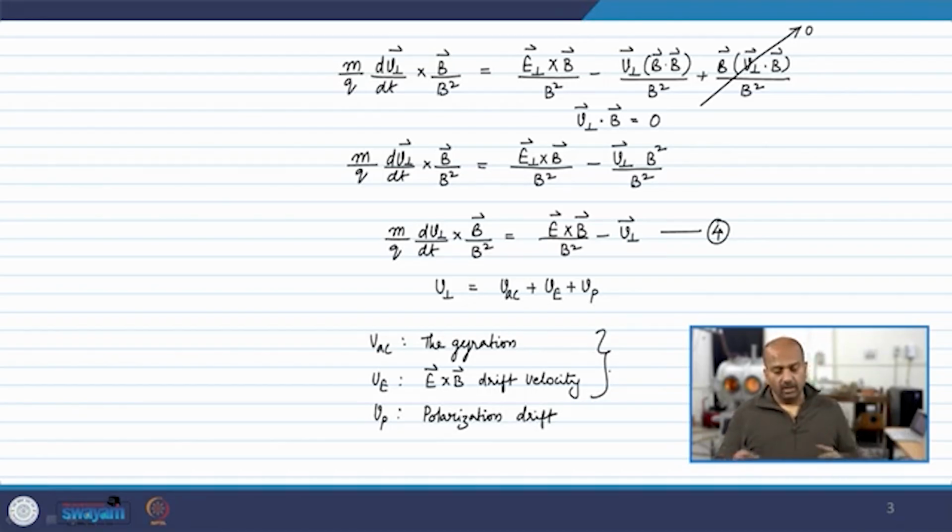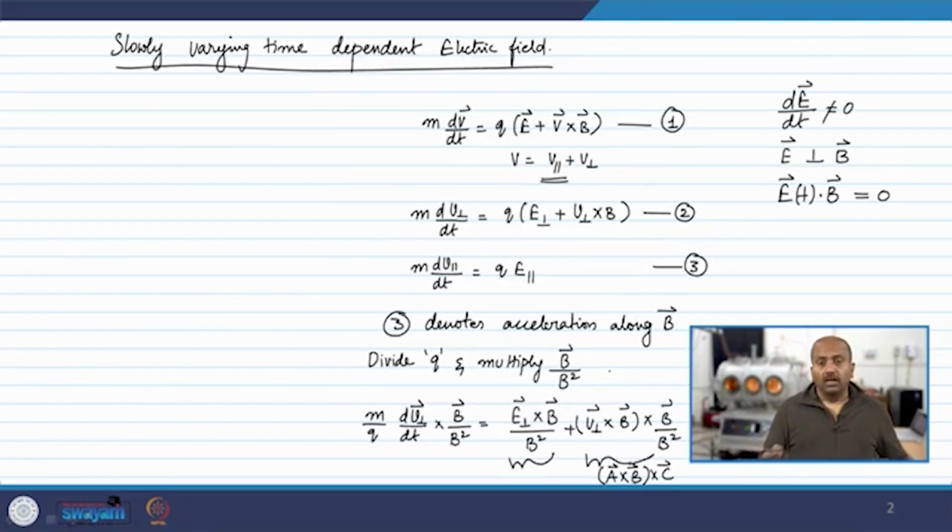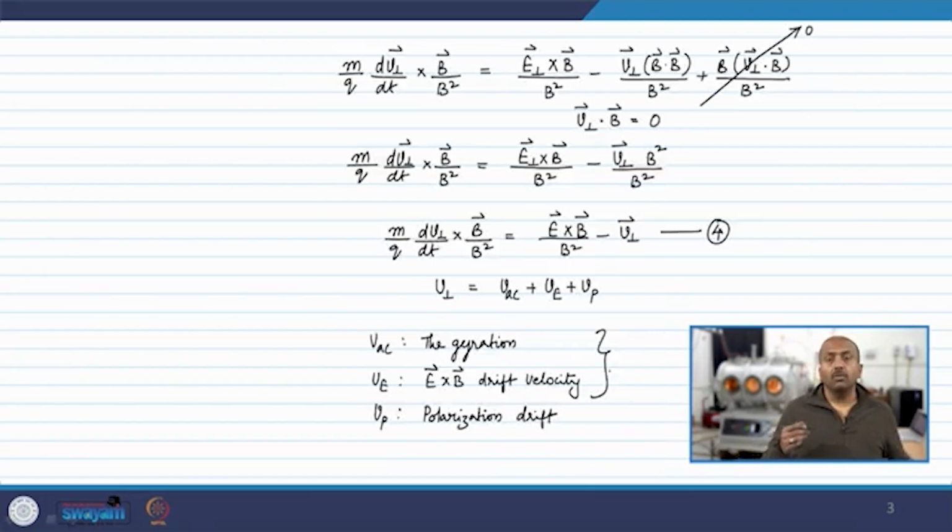Whenever we have an electric field, for the particle's movement, we know V parallel remains constant along the direction of the magnetic field, because equation number 3 already tells you that. But the perpendicular component, V perpendicular, is the square root of Vx square plus Vy square, and Vx and Vy put together execute the circular motion or the gyration, right.